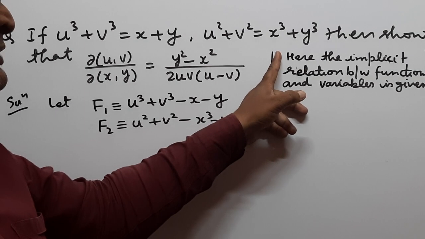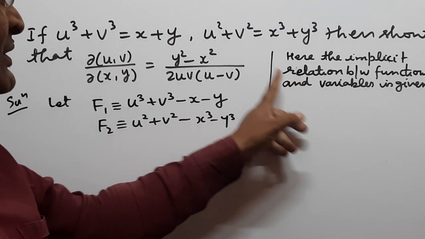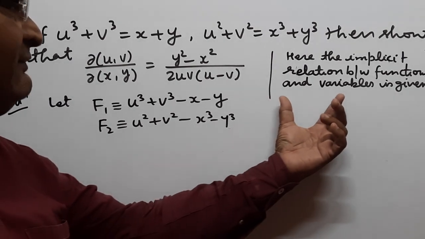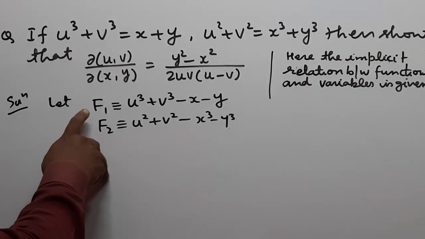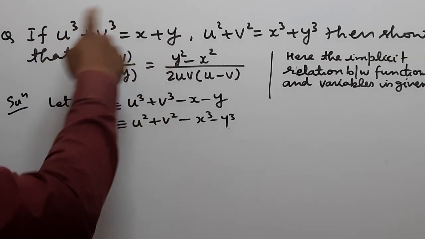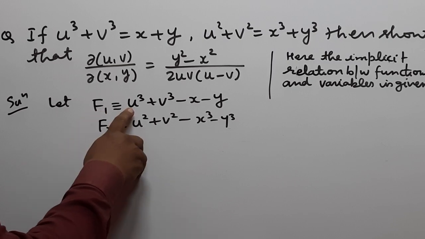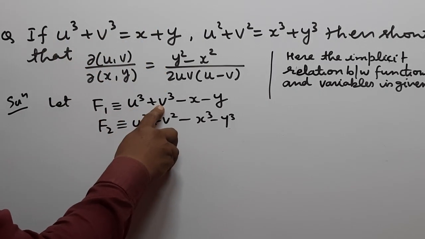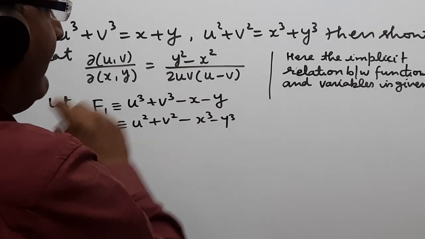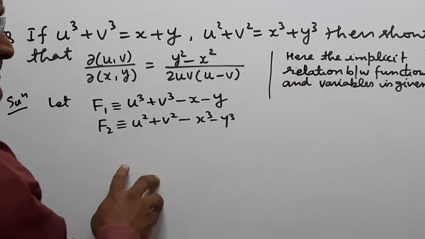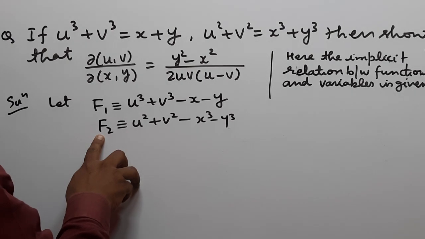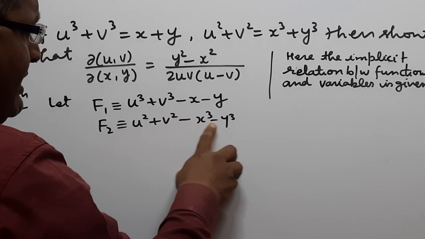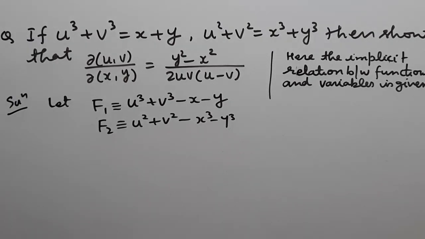When the implicit relation between functions and the variables is given, first we suppose that the first relation is f1 equal to u cube plus v cube minus x minus y, and the second relation is f2 equal to u square plus v square minus x cube minus y cube.